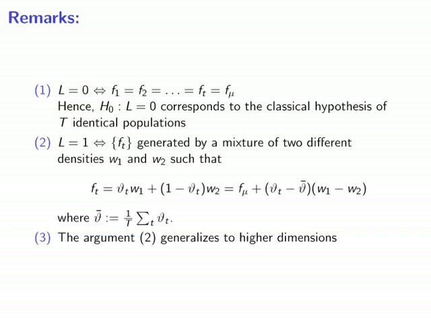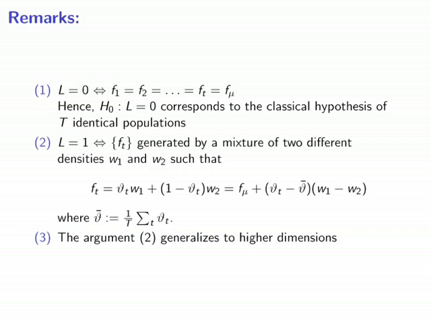You don't need any expansions, because all the functions are the same, which corresponds to the classical hypothesis of identical distributions. So everything is the same, which of course in the case of income densities is quite ridiculous, doesn't make any sense. Or for example, if the f is generated by a mixture of two different densities, for example w1 and w2, then of course you could rewrite this f, which is just a mixture of two different densities where, say, the coefficients of the mixture components change over t.